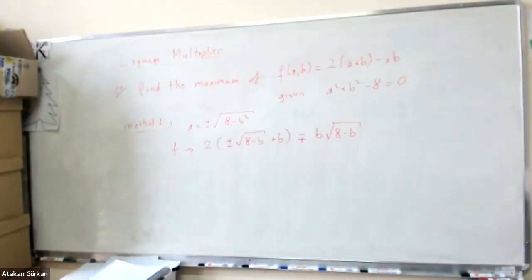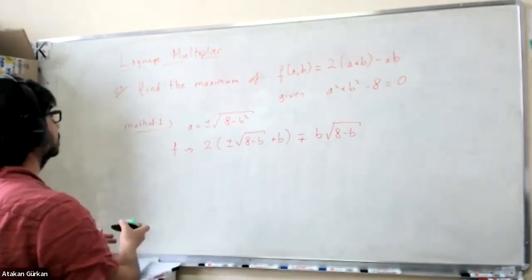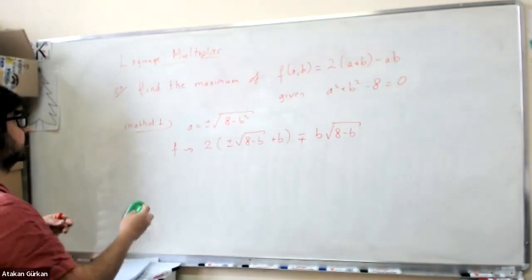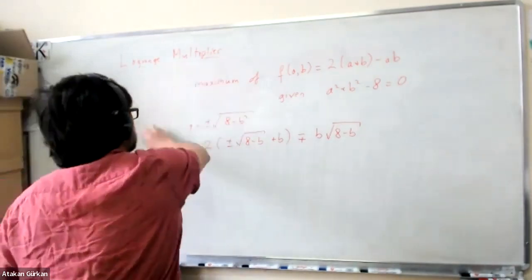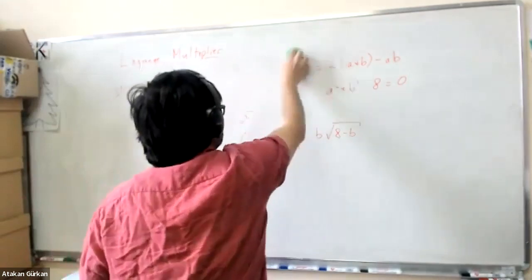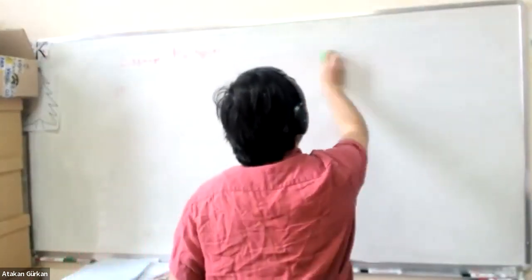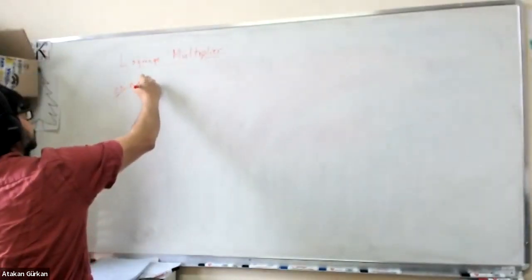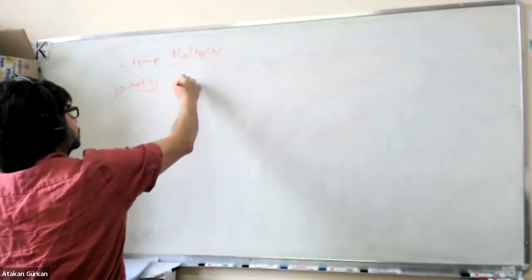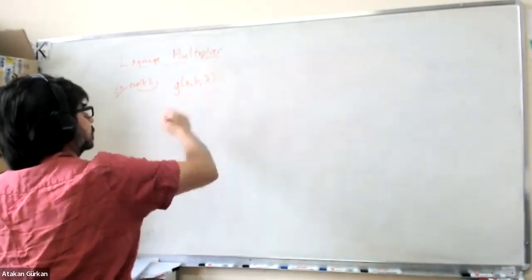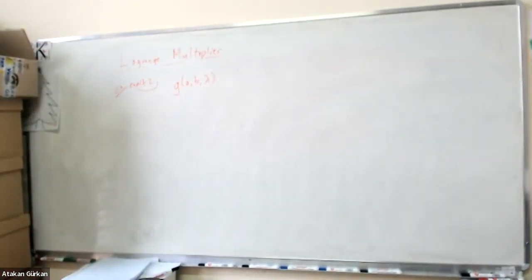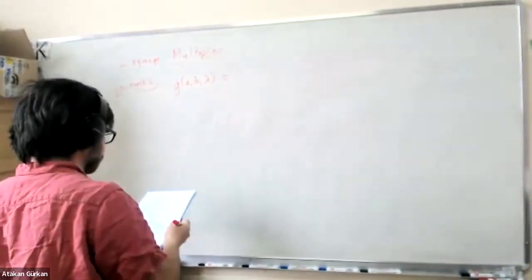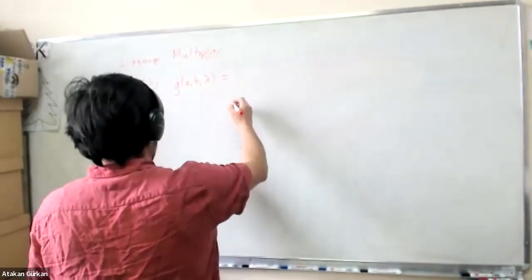Now the second method, the method that we are going to use to find our equations from Hamilton's principle, is by using Lagrange multipliers. So I'm going to erase this, because again, I will need some room. So the second method, method 2, is that we define a new function g, a function of a, b, and lambda, and we're just going to rewrite our function and introduce our constraint through the Lagrange multiplier.